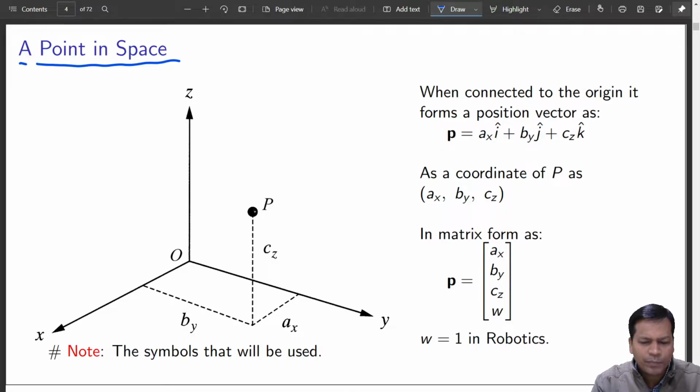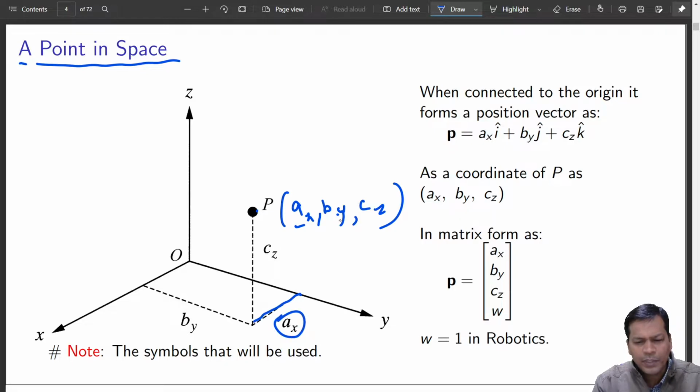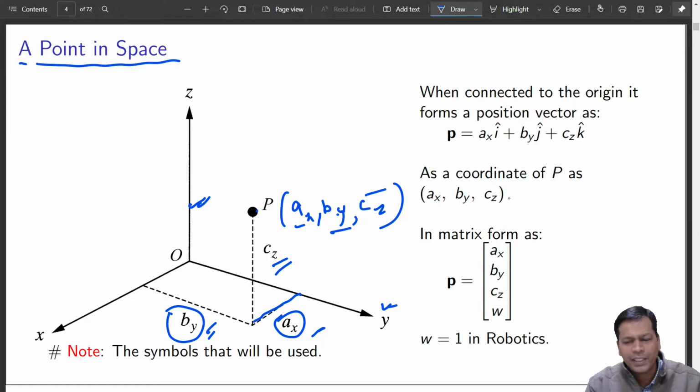Let us say this is a point which has coordinates ax, by and cz. a is the distance measured along the x axis, by is the distance measured along the y axis, and cz is the distance measured along the z axis. These are the three coordinates normally used in Cartesian space to represent any point like this.